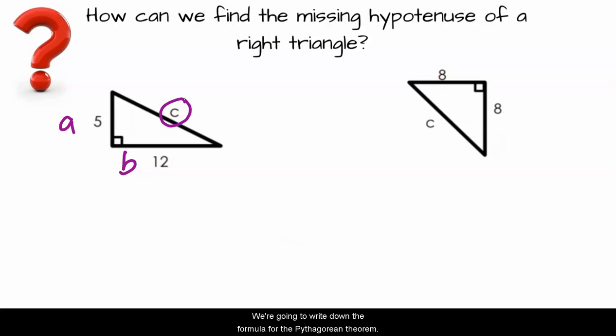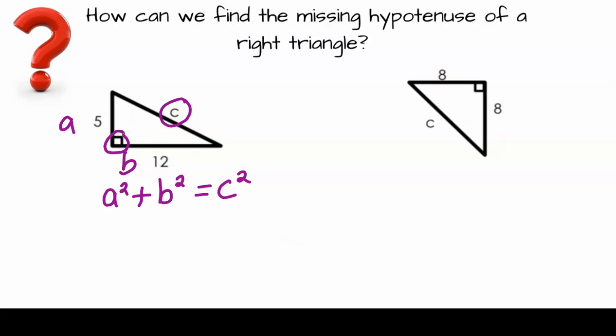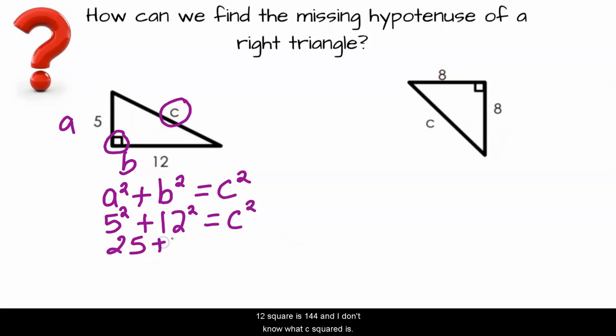We're going to write down the formula for the Pythagorean theorem. A squared plus B squared equals C squared. We already know that this is a right triangle because we're given that right angle. A squared, that would be 5 squared. B squared would be 12 squared. And I don't know what C squared is. So I'm going to add the values of A squared and B squared together. 5 squared is 25. 12 squared is 144.